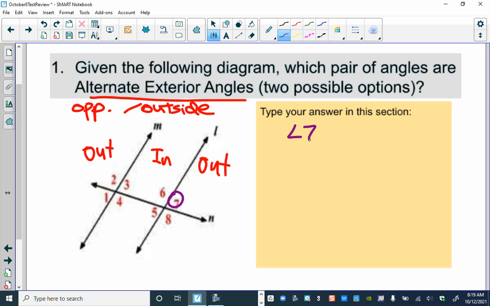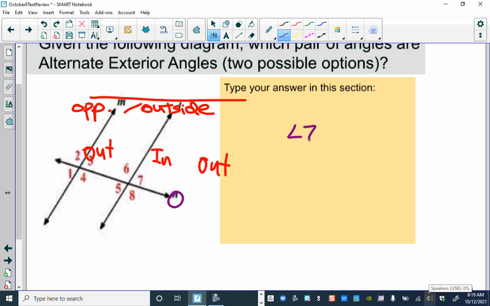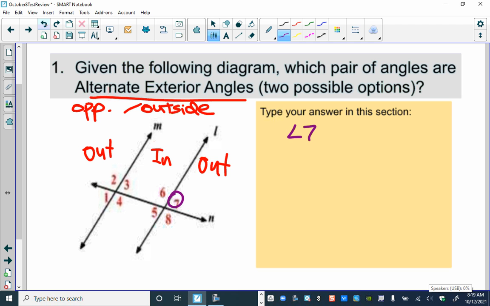Okay, in this case, I said that wrong. Let me rephrase. Given angle 7, which angle would match up best with angle 7 as an alternate exterior angle?